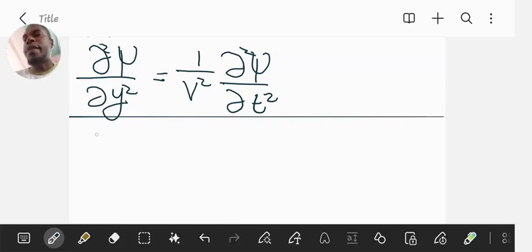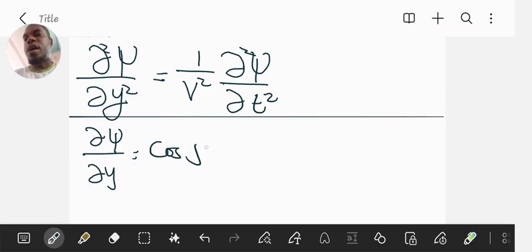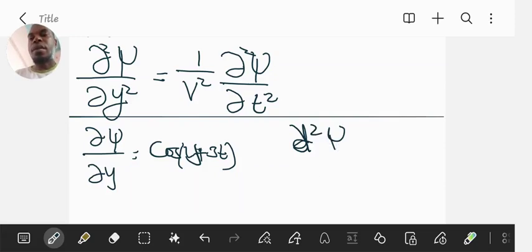We already need to identify these values previously: the first partial derivative of psi with respect to y is given as cos(y + 3t), close the bracket, and the second partial derivative of psi with respect to y is given by negative sin(y + 3t).